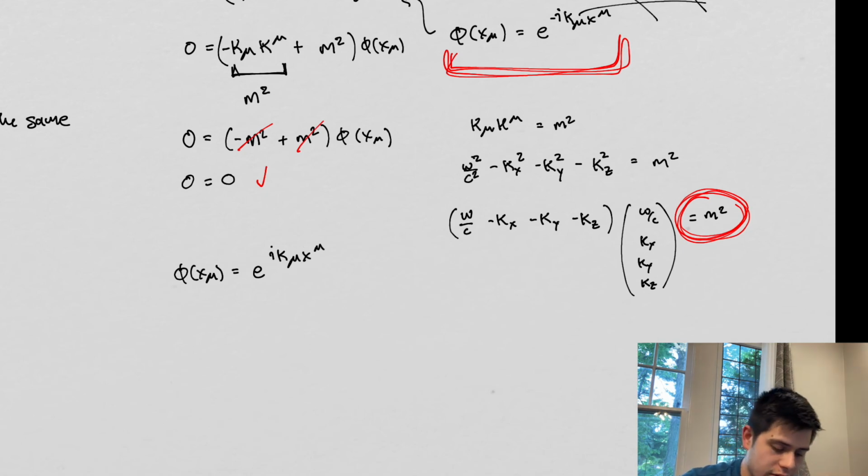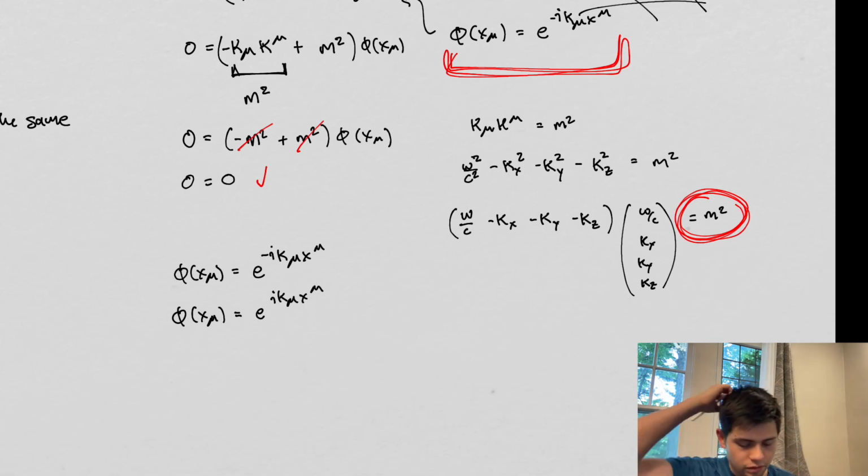This is a wave, right? If this is a wave, then theoretically any other wave should work, right? So say we could propose that e to the i, this, that should work also.